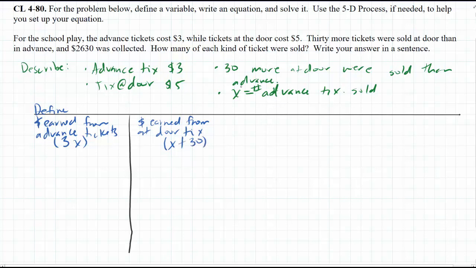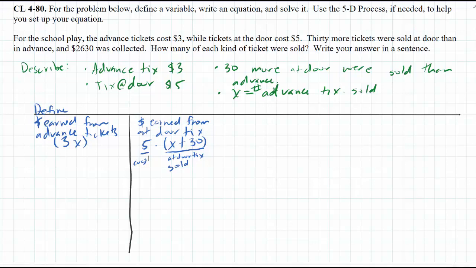So the number of at-door tickets sold is X plus 30. And the 5 represents the cost of each at-door ticket, which is $5.